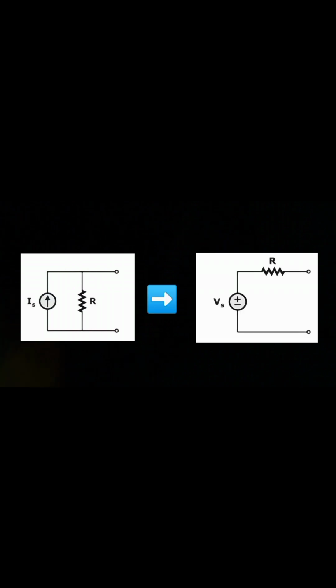So, if we see a voltage source, we are going to transfer it to a current source. However, if we see a current source, we are going to transfer it to a voltage source.